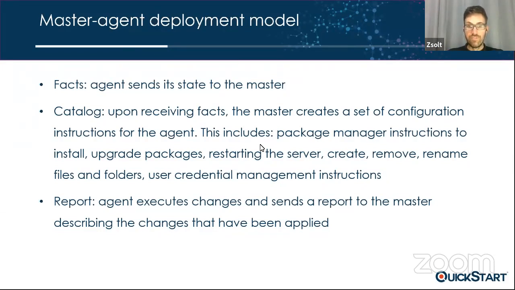And the master, once it receives these facts, it creates a set of configuration instructions for the agent to update itself. This can be to install new packages on the agent, for example. Let's say you want to install some time protocol, like a network time protocol or anything along those lines, or you want to install Apache or nginx or something along those lines.